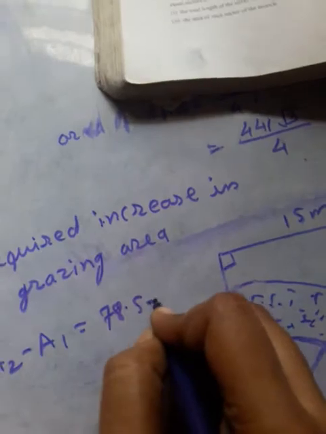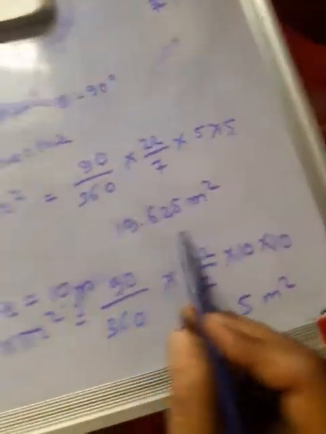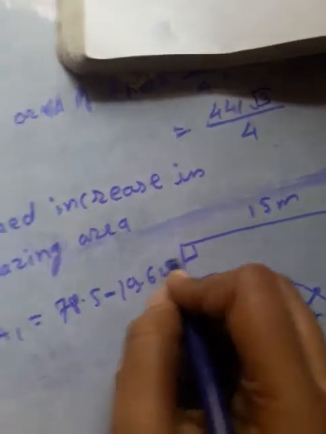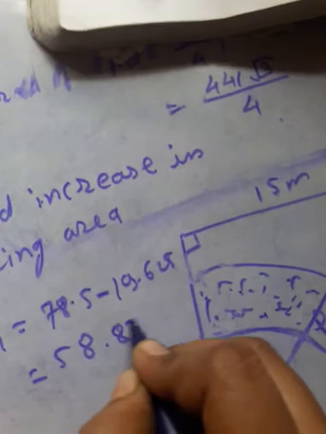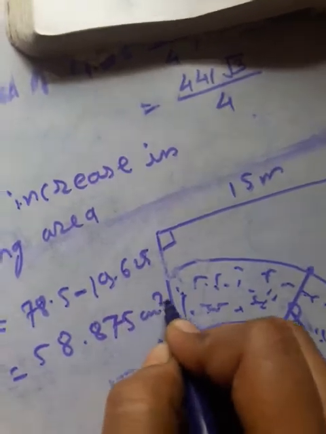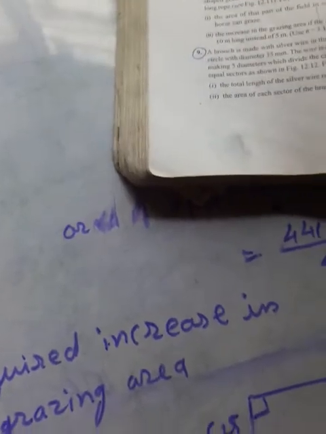A2 is 78.5 and A1 is 19.625. So we'll get the final answer, 58.875 square meters. It is given in meters, so you can convert into centimeters if needed.